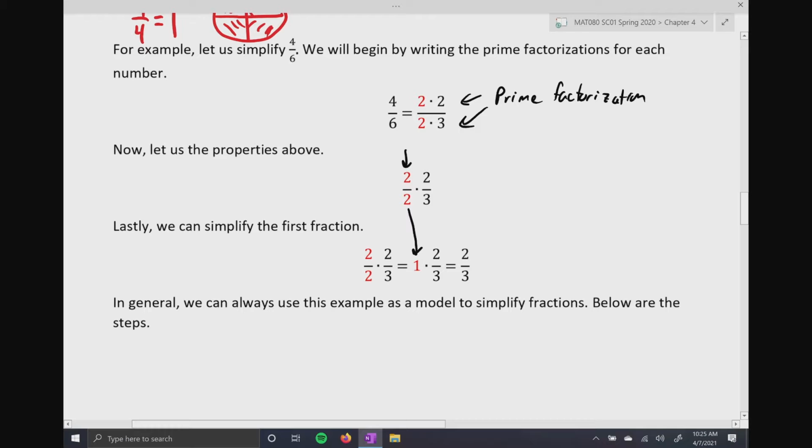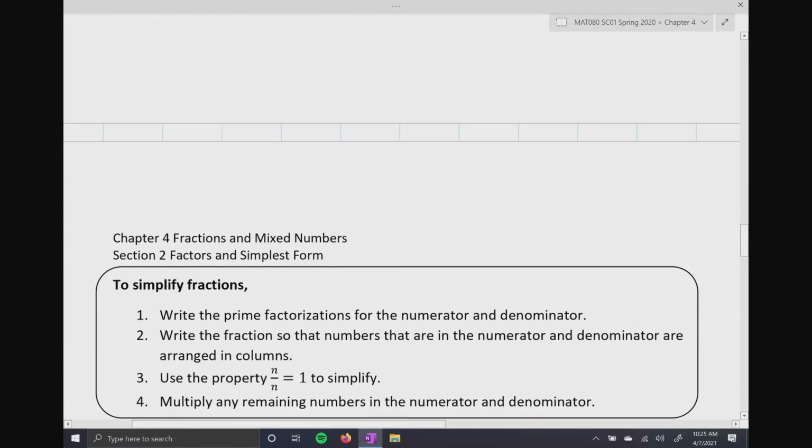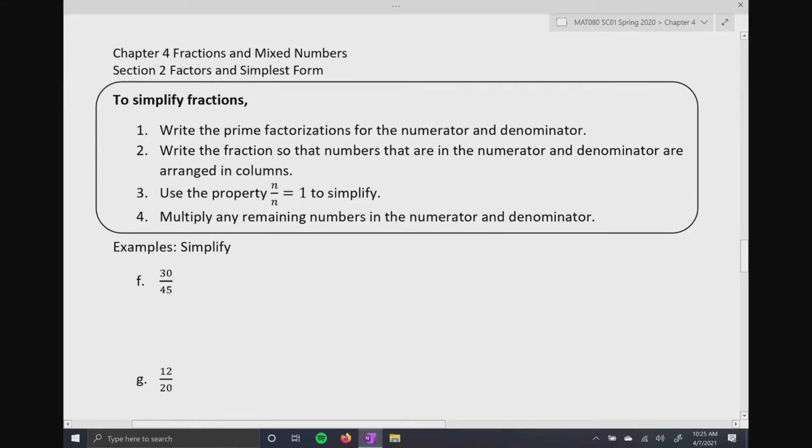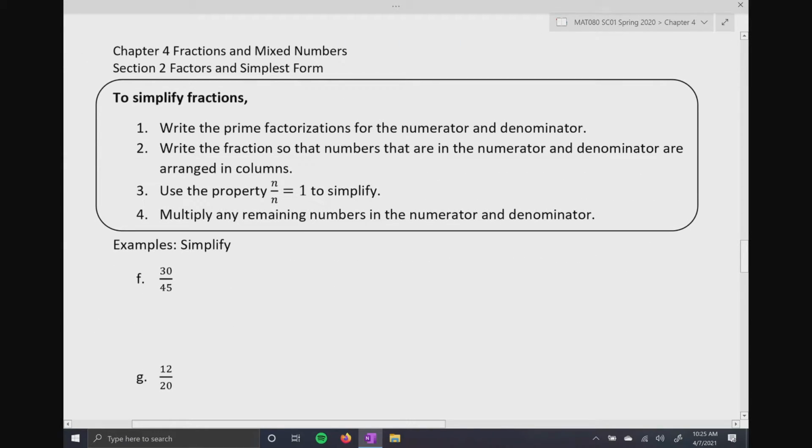So in general, when we sum everything up, we can use this model to basically simplify any fraction that we want. And I've given you the steps, and the steps are on the next page. And here are our steps. Step 1, you're going to write the prime factorizations for the numerator and denominator.